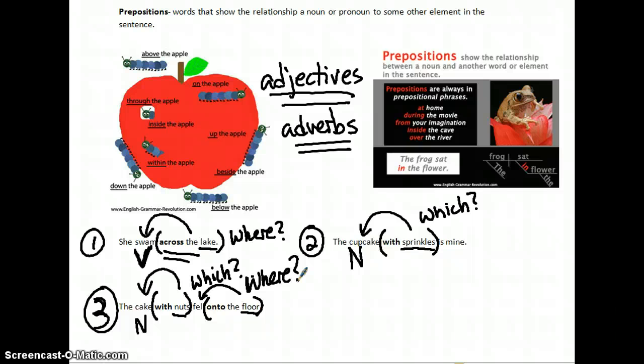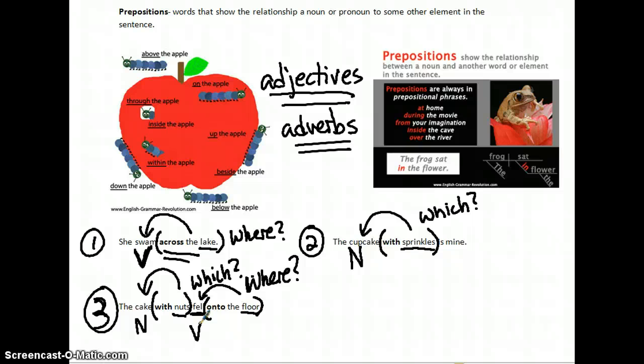It fell onto the floor. So because it's answering a question about the verb fell, onto the floor is acting like an adverb. Okay? So remember, prepositional phrases can act like adjectives or adverbs in a sentence depending on what question they answer.